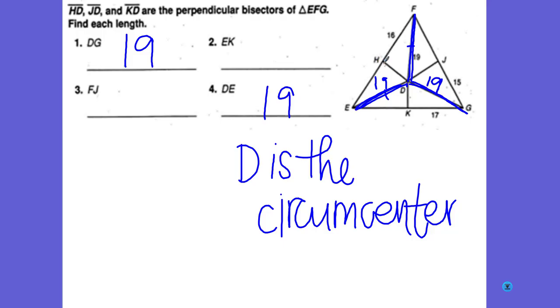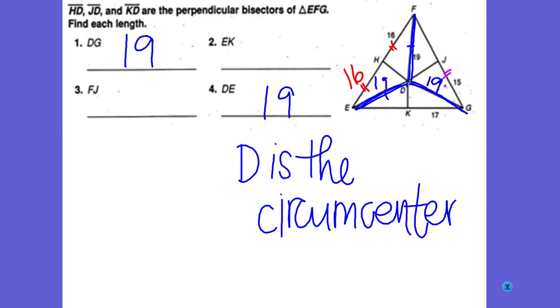Now, we know that HD is a perpendicular bisector. So for this to be a perpendicular bisector, that means that it's bisecting this side, FE. H has to be the midpoint of that side. So if HF is 16, that means HE has to be congruent to HF, so HE also has to be 16. Same thing over here. If DJ is a perpendicular bisector, that means that J is the midpoint of that side.